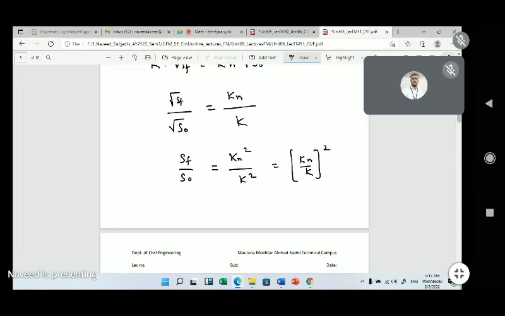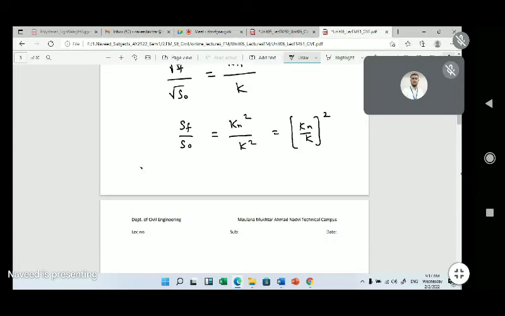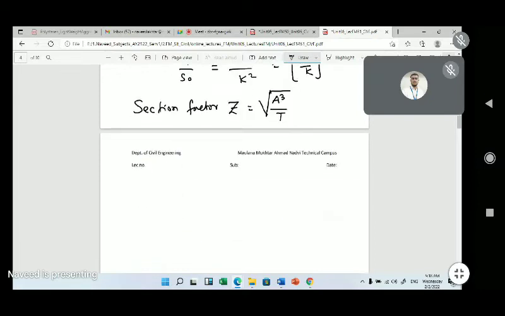This was the conveyance factor, and you know the section factor Z. Section factor is denoted by Z, and by definition it is nothing but under root of A cube upon T. So Z square is A cube upon T, and the root will be removed.